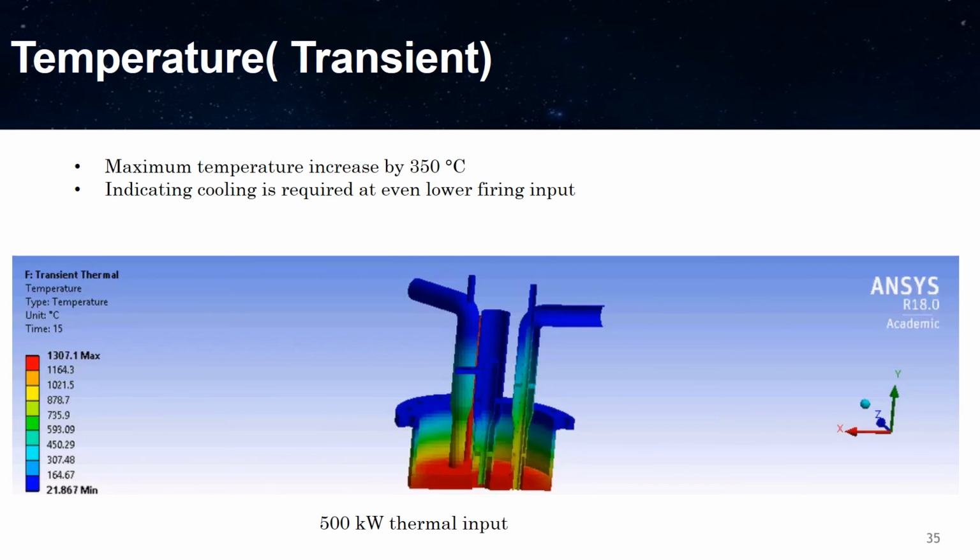Now, for transient conduction, the scenario becomes even worse, because for transient we're running it for 15 seconds with heat flux incrementally going up to 500 kilowatt of firing input. That means we're heating up the injector very high, and you can see it is now uniformly heating up on the injector face, and we've got about 1300 degrees Celsius on the faceplate.